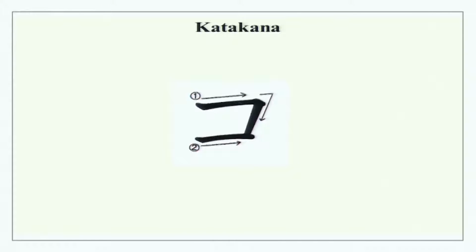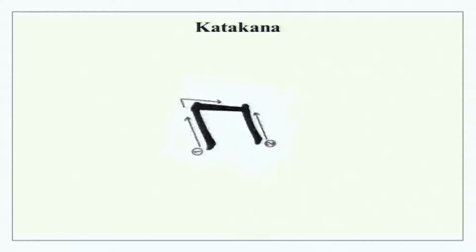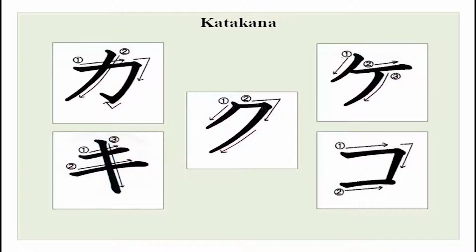Please remember, that is also important for all kanji characters also. This stroke is 1. So, now you can see it is right here in front, all the stroke order is given properly.